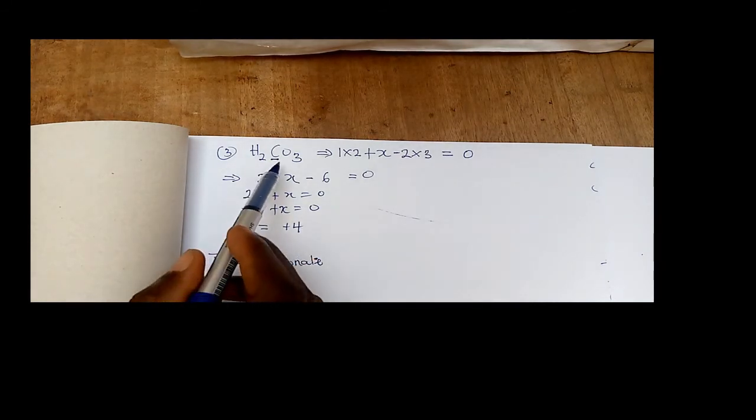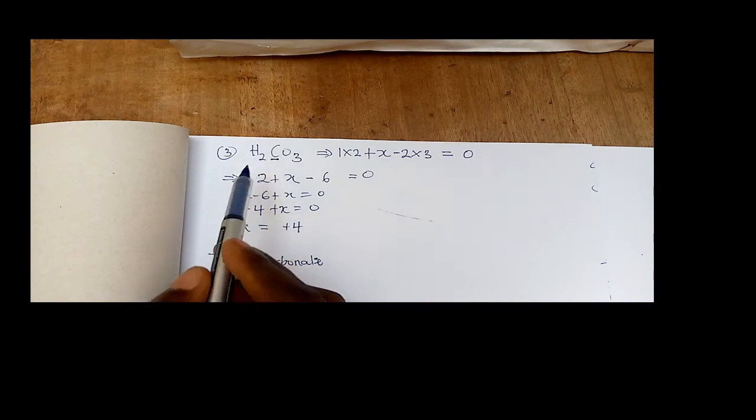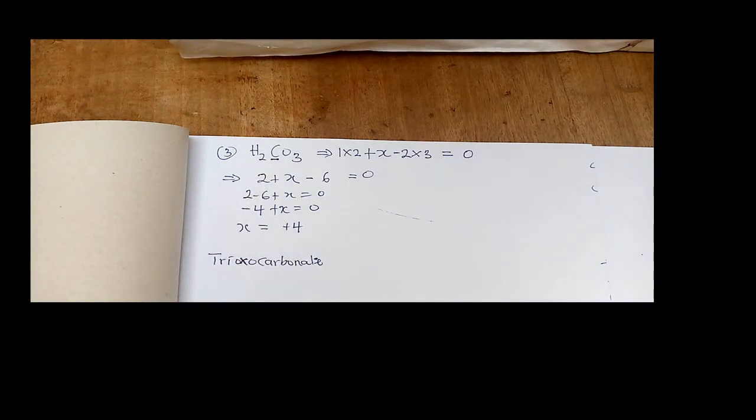The carbonate means that it is the carbon whose oxidation number we calculated. So carbonate(IV), and the 4 we put in brackets like this. Trioxocarbonic(IV) acid, or you can say hydrogen trioxocarbonate(IV), and it's also correct.